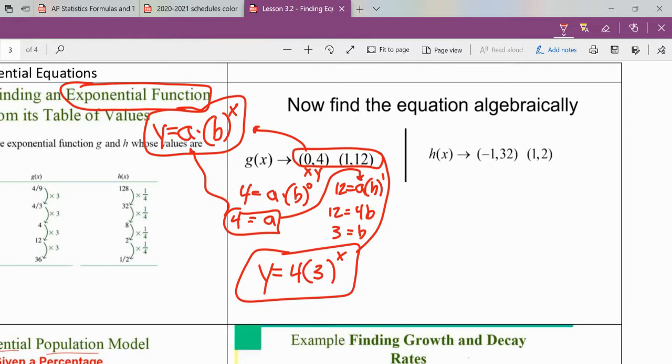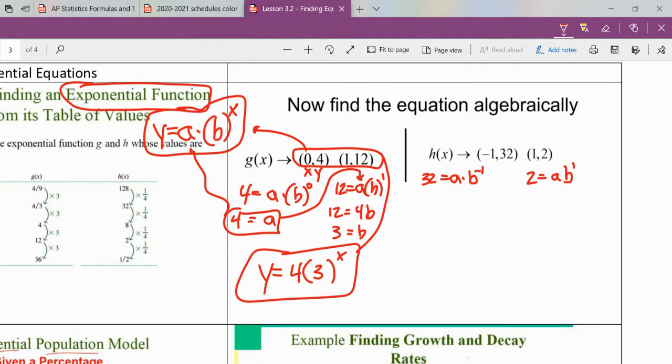Same process. Let's take a point and create the equation for this. Again, 32 is my y value, a times b to the x power, which is -1. Let's do it with this other one too. This would be 2 equals a times b to that x value, which is to the first.